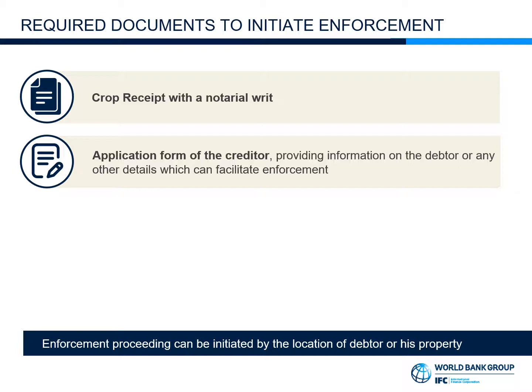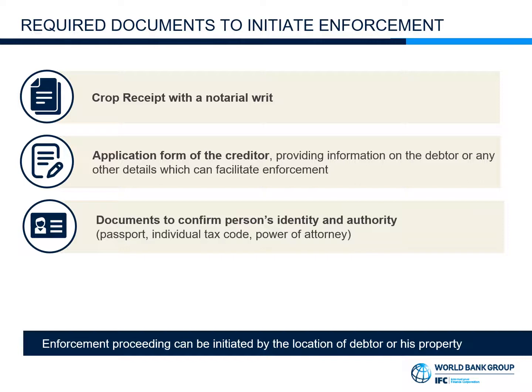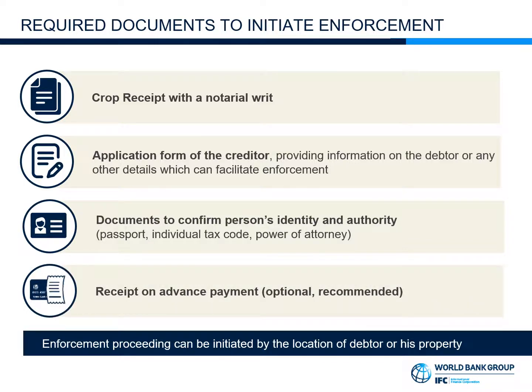Documents to confirm person's identity and authority: passport, individual tax code, power of attorney. It is also recommended to pay the advance fee for the enforcement procedure and provide a receipt to the bailiff. Enforcement proceeding is initiated in the area, region of the debtor or his property.